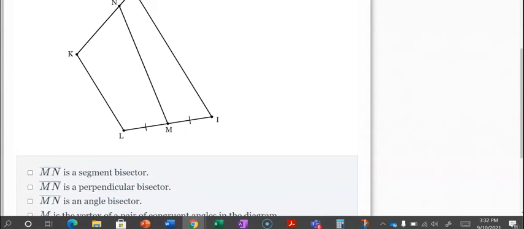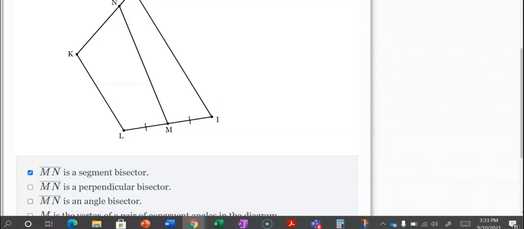So if we look here, MN cuts LI into two congruent pieces. So it is a segment bisector. The next statement is MN is a perpendicular bisector. In order to be perpendicular, we would need an indicator here saying that that's a 90-degree angle, and there is none. So we can't select that.